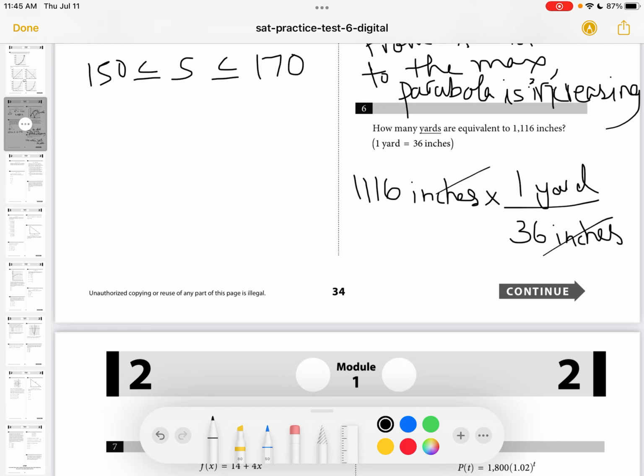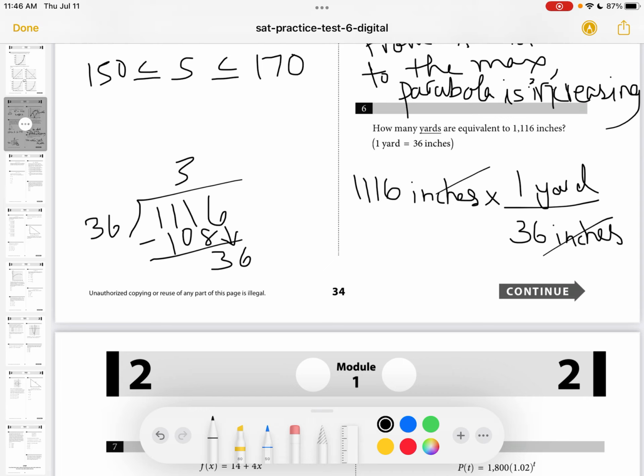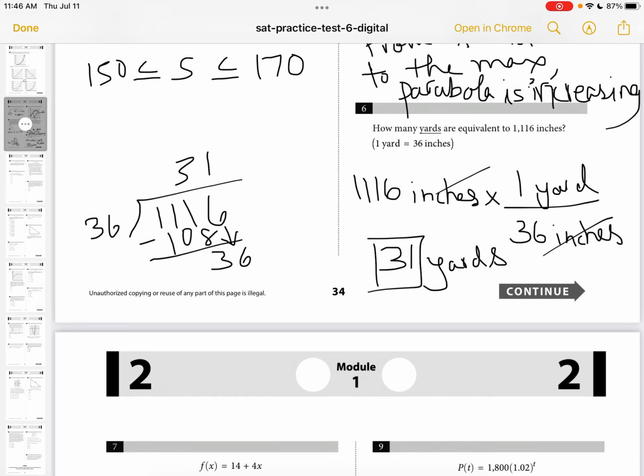This allows us to cancel out the inches, and we just have to calculate 1116 divided by 36. I'm going to do it on the side right here. 36 into 1116. This is 3, minus 108, so this is 3, 6, 31. So this will come out to be 31 yards.